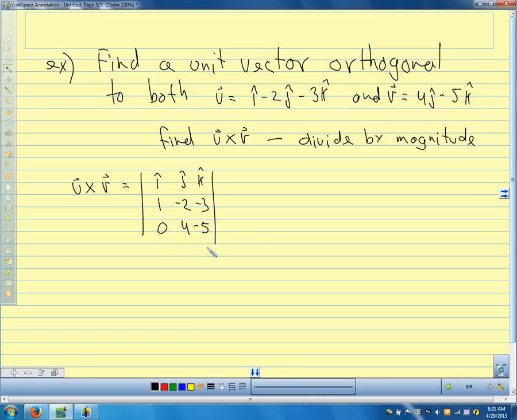All right, so you guys calculate that cross product and tell me what it is. Be careful with your pluses and minuses. That's the most common mistake with cross products. You miss a plus or a minus somewhere.